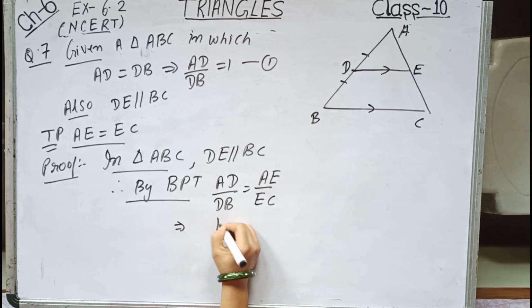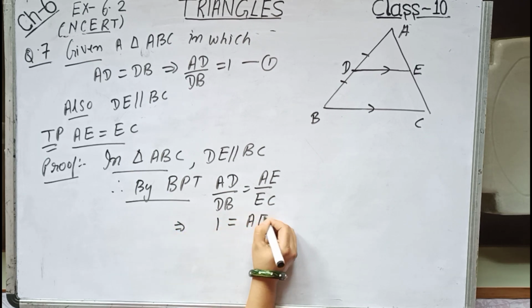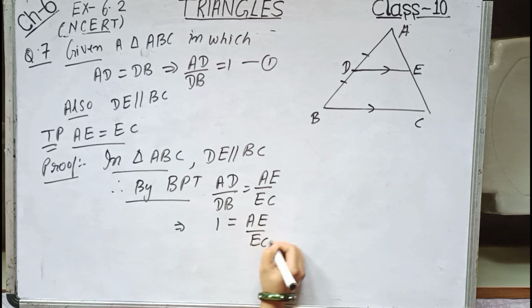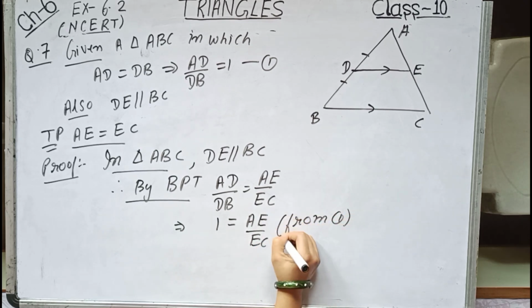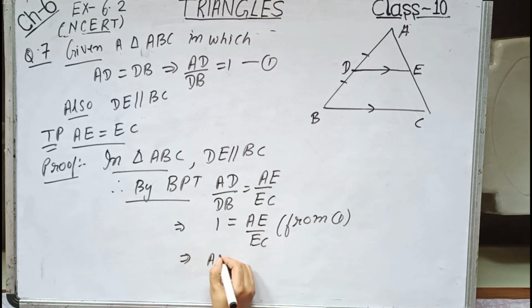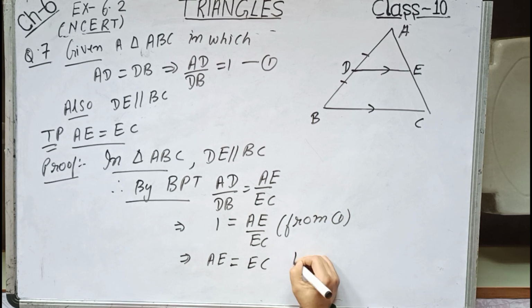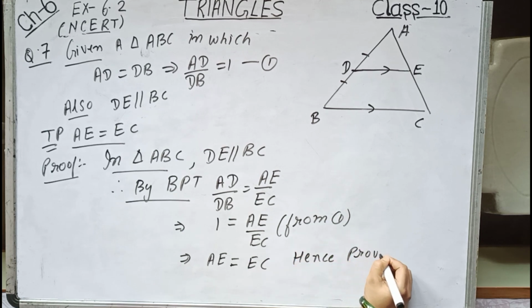This implies 1 equals AE by EC from equation 1. This implies AE equals EC and hence proved. So you can see it is proved more easily with the help of the BPT theorem.